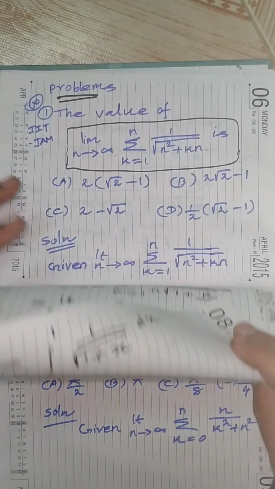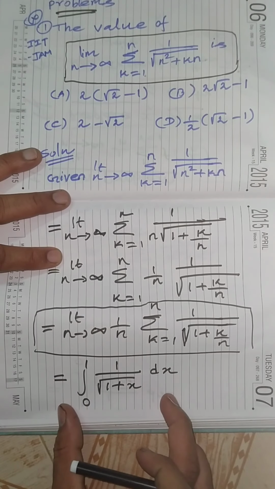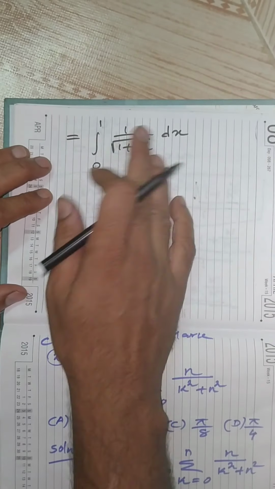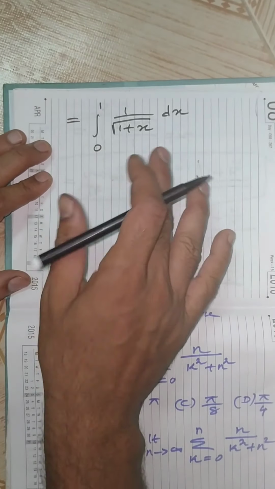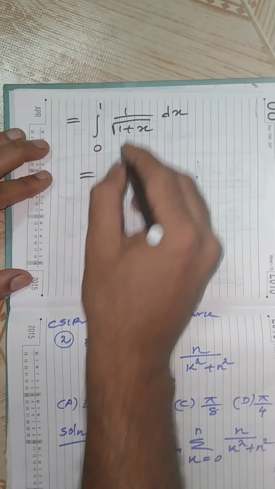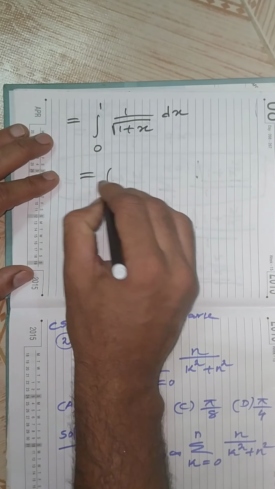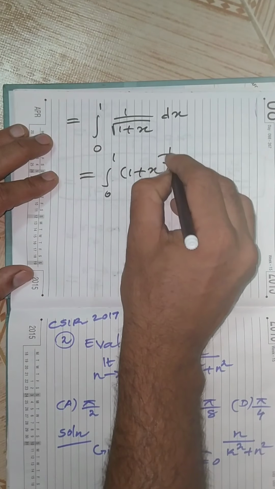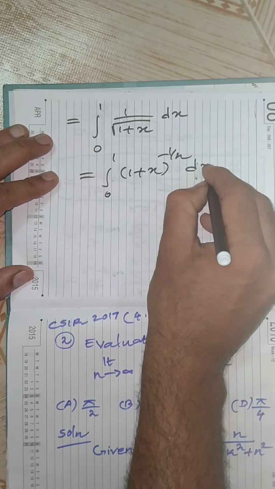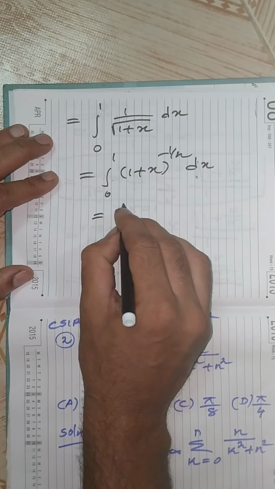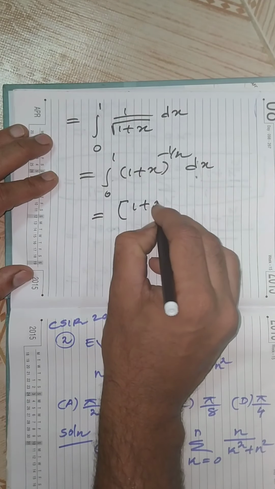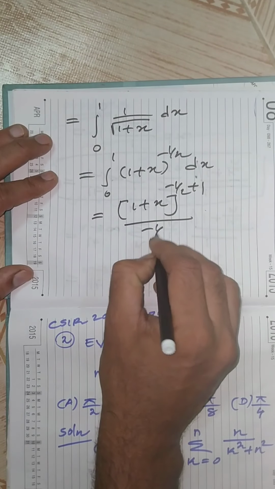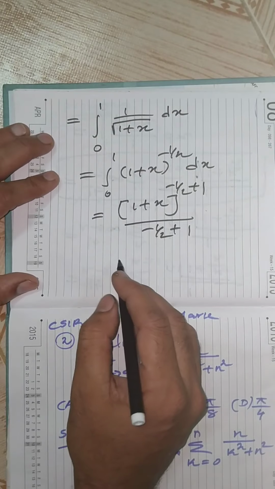I bring this step from the next page. Now everyone knows very well how to solve this problem. Before integrating, from 0 to 1, we have 1 plus x power minus 1 by 2. Now integrate this: 1 plus x power minus 1 by 2 plus 1, divided by minus 1 by 2 plus 1.